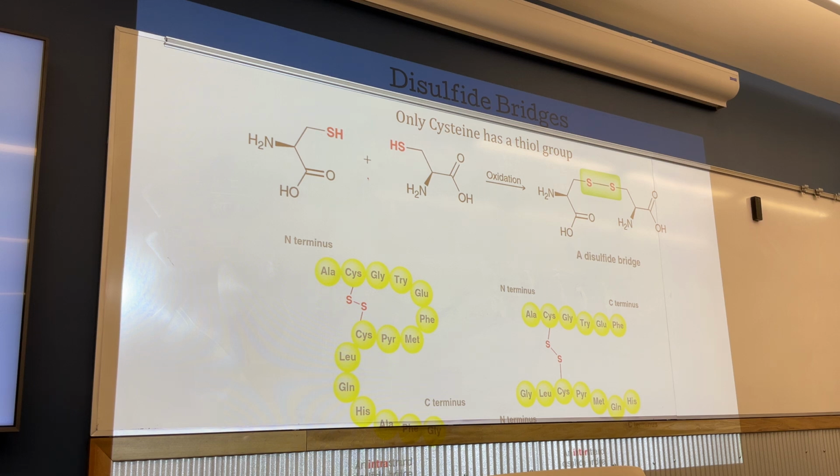And if you've ever had your hair chemically straightened, which I haven't because I don't have curly hair, the way that's done is it destroys the disulfide bridges, and so the hair relaxes as that helical shape relaxes.